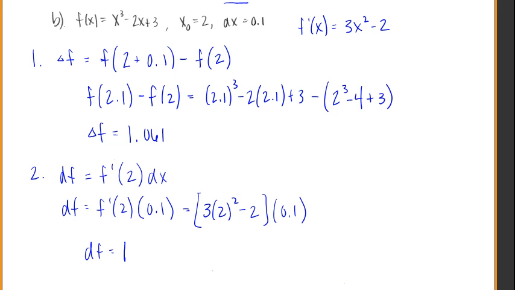So it's just going to be a 1. Okay, so we look at the error then. The error is going to be really small because it's just going to be the absolute value, or the difference, the magnitude between the two. And so it's just going to be 0.061. Very, very small amount of error.